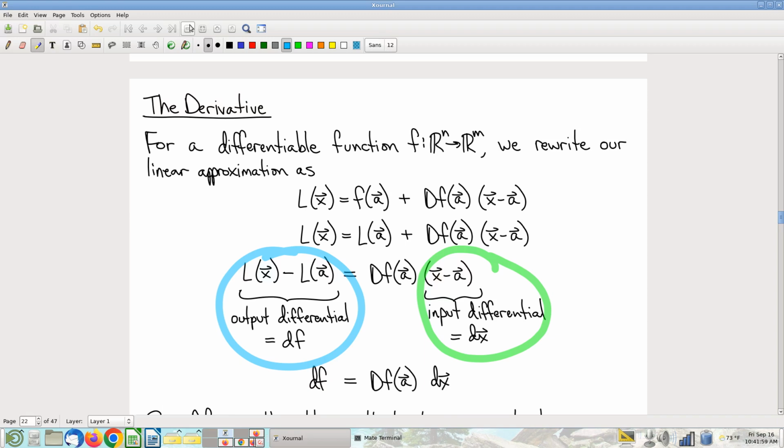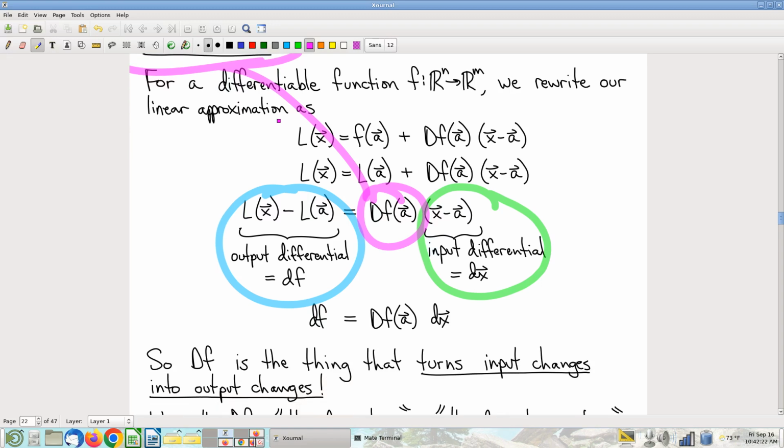This is what we wanted a derivative to be, some relationship between input changes and output changes. So this matrix of partial derivatives that I've been referring to, deliberately awkwardly, is the derivative. That's what a derivative is. So I think this is a big reveal.